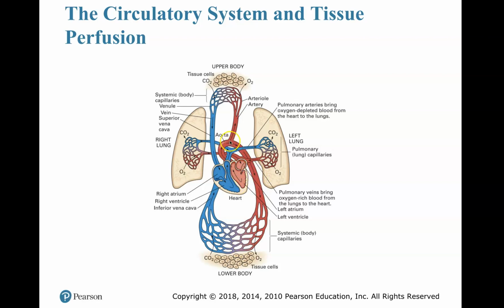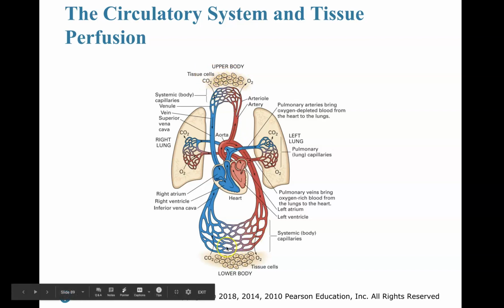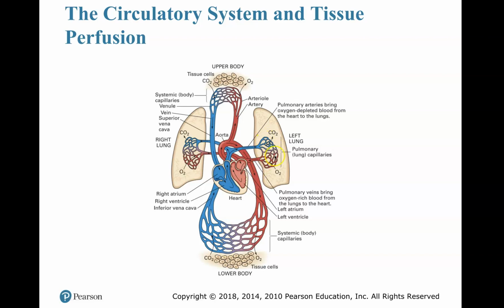Blood leaves the left side of the heart, goes to the upper body and gives oxygen to the cells, picks up CO2, goes to the lower body, does the same thing, goes to the lungs, takes that deoxygenated blood to the lungs, dumps off the CO2, picks up oxygen, brings it back to the heart, and so forth. And you know, this picture looks really confusing, but it's pretty basic.